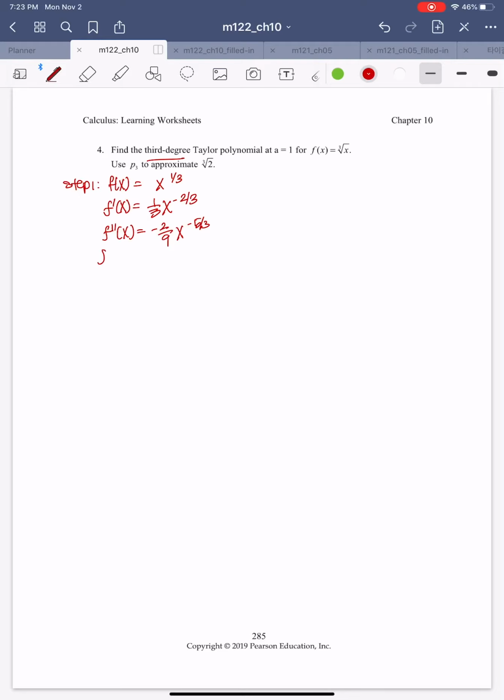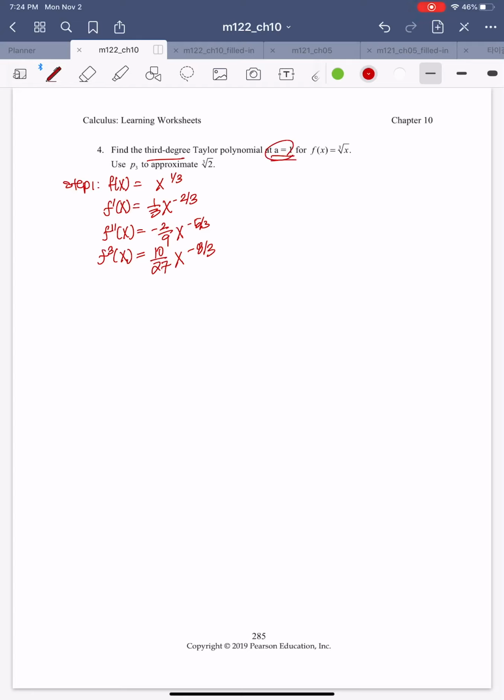And then the third derivative will be, again, negative 5 over 3 comes down, multiplies with negative 2 over 9, makes it positive 10 over 27, x raised to the negative 8 over 3.